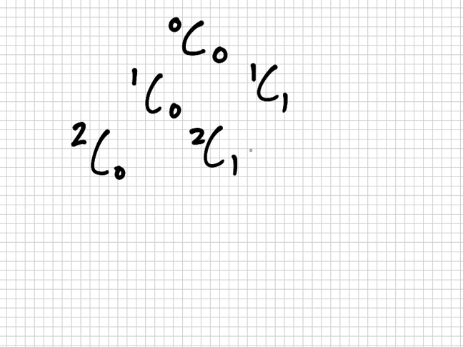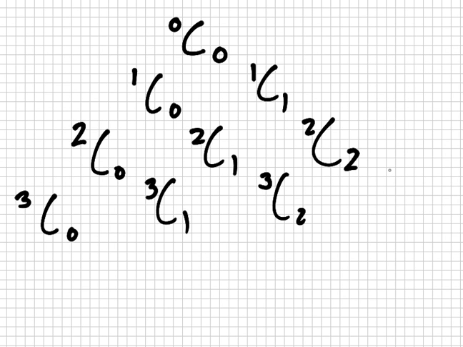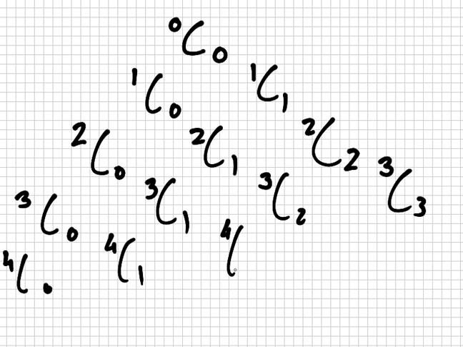So you can make Pascal's Triangle this way. 0C0, 1C0, 1C1, 2C0, 2C1, 2C2, 3C0, 3C1, 3C2, 3C3, and then the one I just did, 4C0, 4C1, 4C2, 4C3, 4C4.